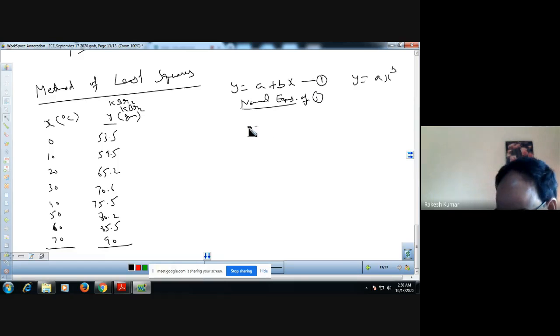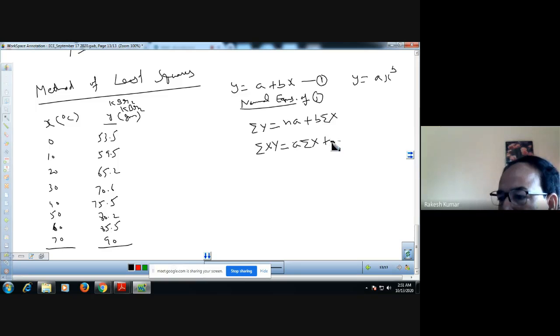The normal equations are: sigma capital Y equals nA plus B sigma capital X. Now you will multiply it with X: sigma XY equals A sigma X plus B sigma X square. This is the first normal equation, and this is the second normal equation.